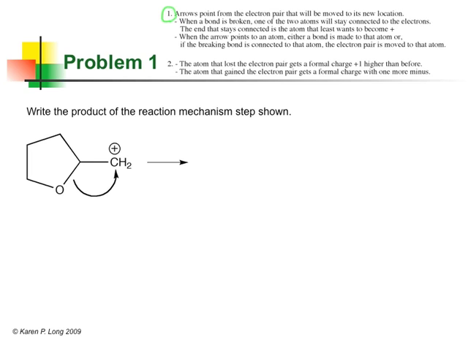The first is that arrows always point from the electron pair that will be moved, that's this pair, to its new location. Now the new location either gets that pair of electrons as a lone pair, or it gets a bond from one of the atoms. Now it only gets an electron pair if the bond being broken is the one that is attached to that atom.